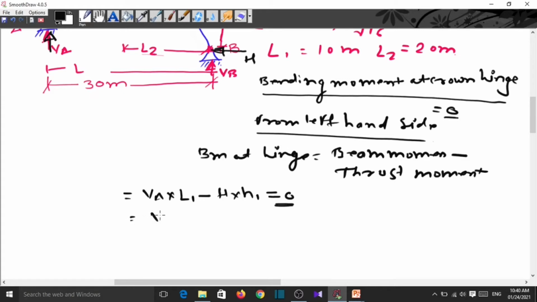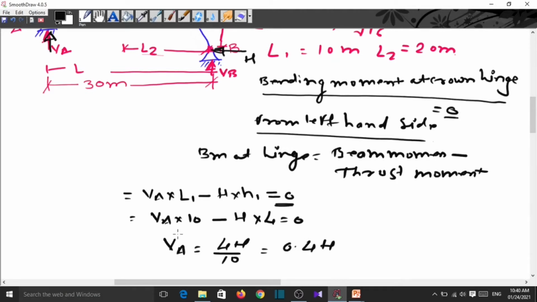So VA into 10 minus H into 4 is equal to 0. So VA is equal to 4H by 10, that is 0.4H. So here we got VA equal to 0.4H.